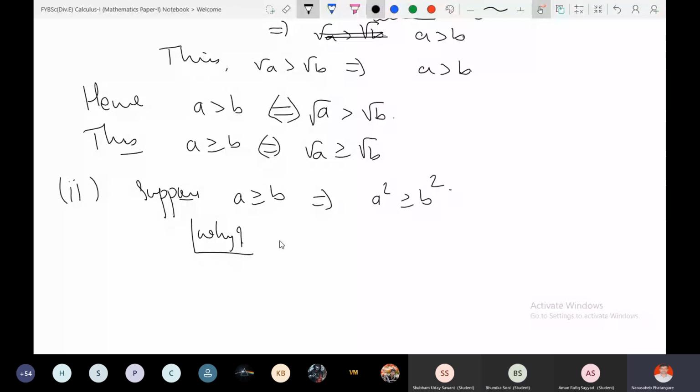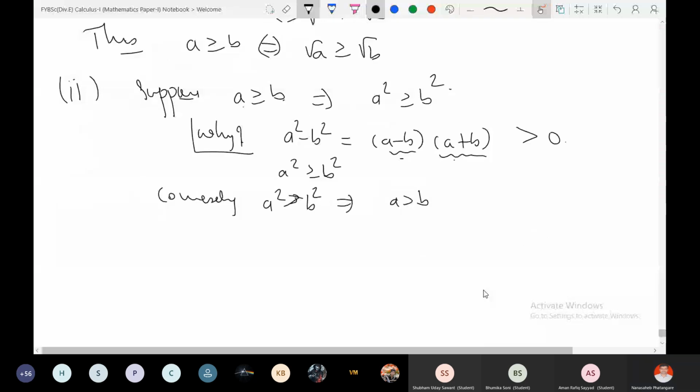Because a square minus b square, I can write as a minus b times a plus b, but a and b are positive, so this part is positive. And when I say a greater than b, then a minus b is positive, so positive times positive, and therefore a square is greater than b square. Conversely, by the same logic, a square greater than b square implies a greater than b. Whatever we did for square roots of a and b, the same logic works here.